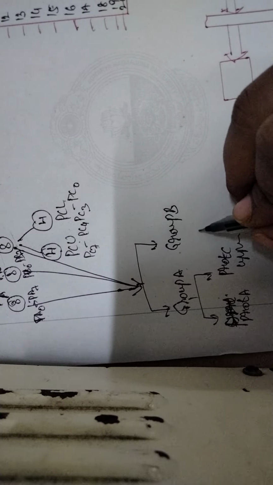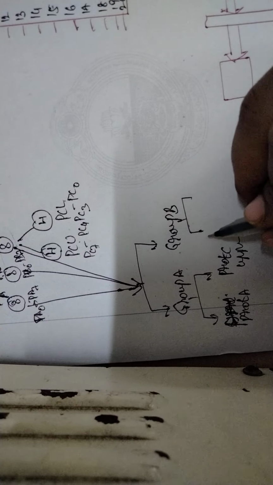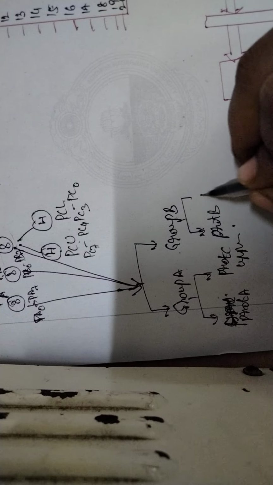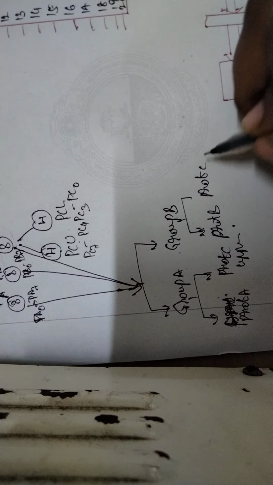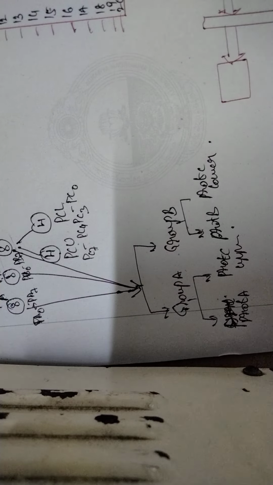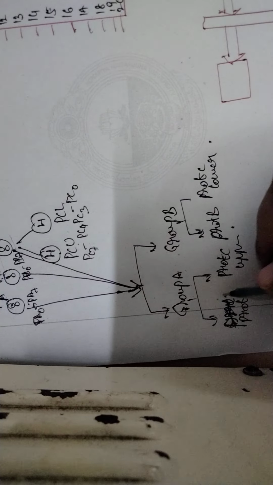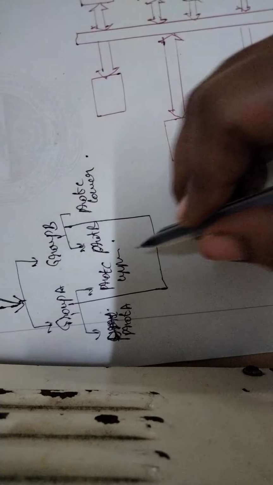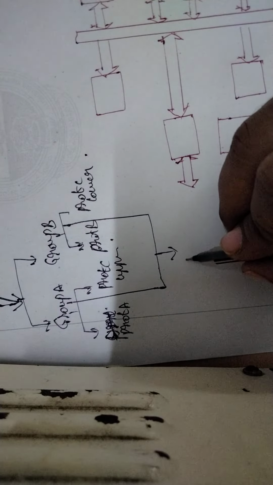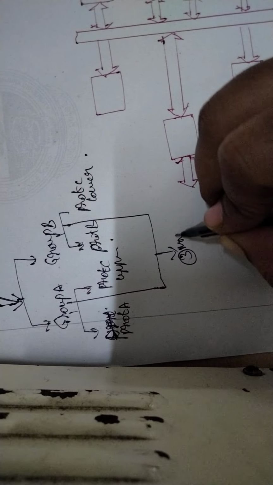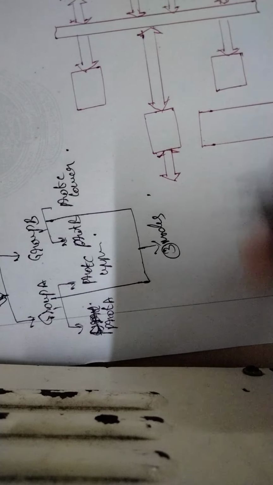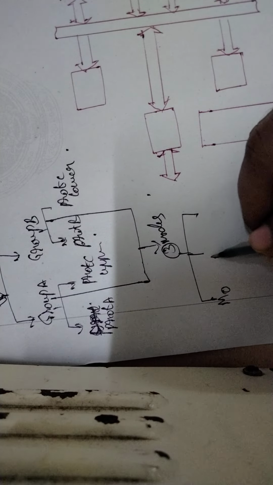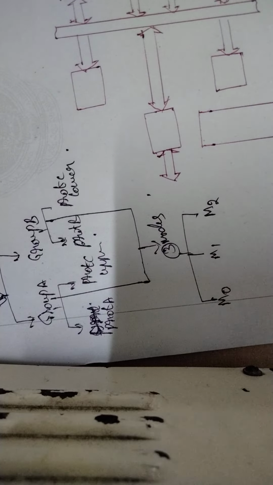Group B is also divided into two parts: port B and port C lower. These two groups, group A and group B, can have three modes of operation: mode 0, mode 1 and mode 2.